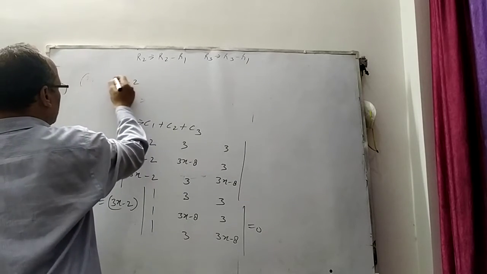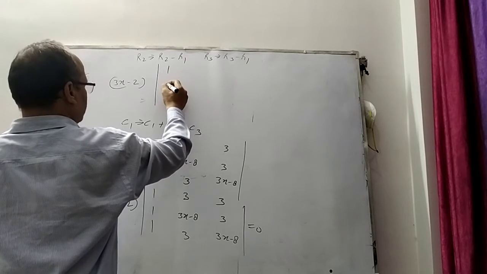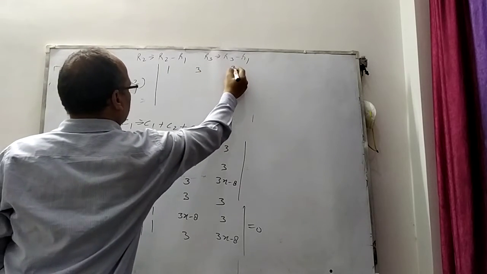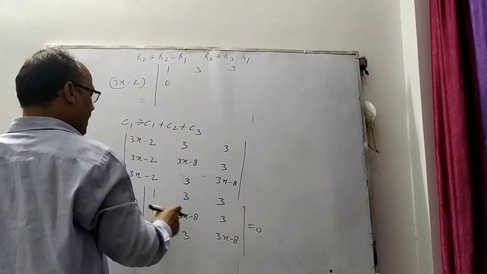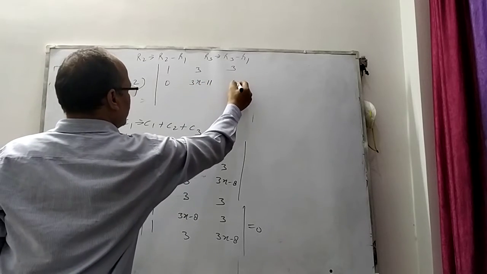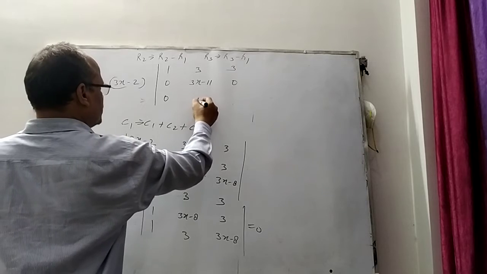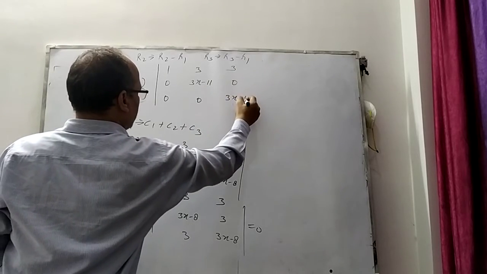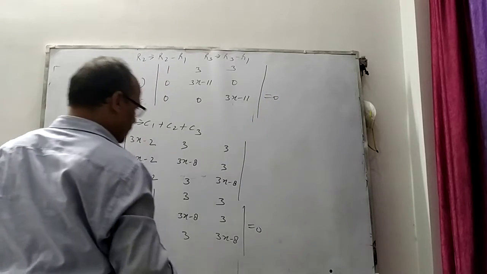The determinant has 3x minus 2, 1, 3 in the first row, 0, 3x minus 11, 0 in the second, and 0, 0, 3x minus 11 in the third, equal to 0.